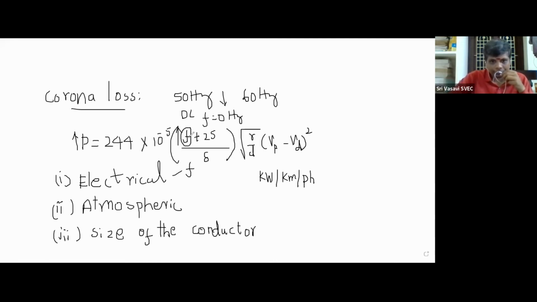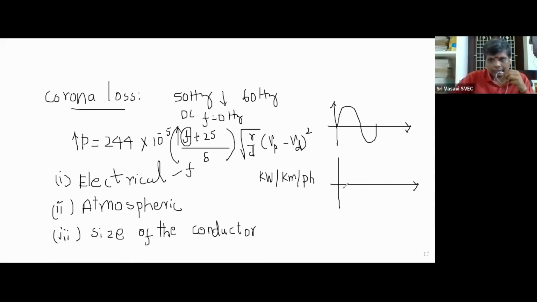And the frequency also depends upon the supply waveform. If it is sinusoidal, then there is no problem.